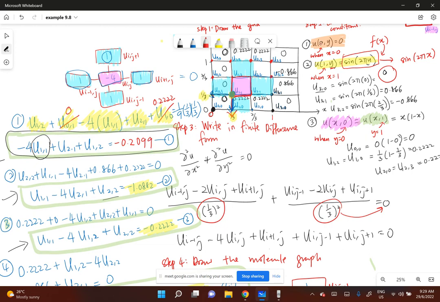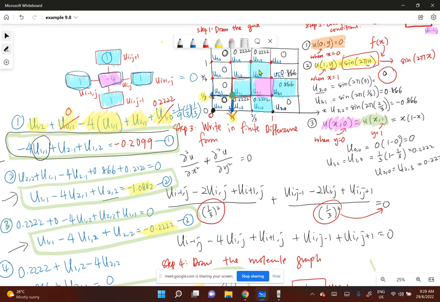Okay, so when we move to the right, this one moves to the right. Okay, so now our target cell is this one. Now the target cell is U21.